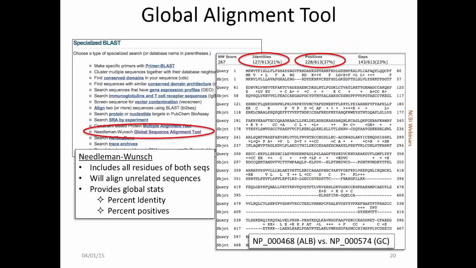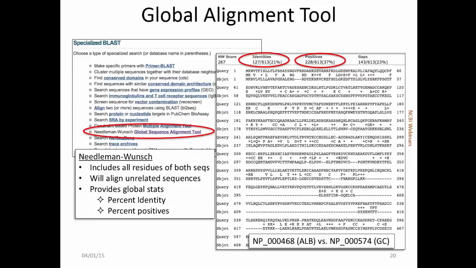And that's the global alignment tool, which is our implementation of something called the Needleman-Wunsch algorithm. And I've shown you the link here. It's on the bottom of the BLAST homepage, and it basically will do a pairwise global alignment. It includes all residues of both sequences. And one point to make about global alignment tools like this one is that it will align unrelated sequences.